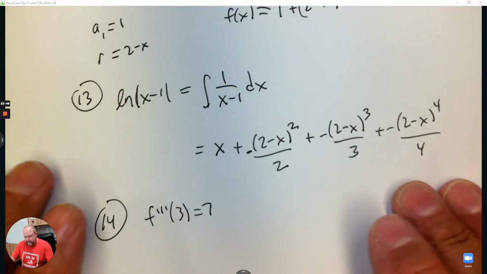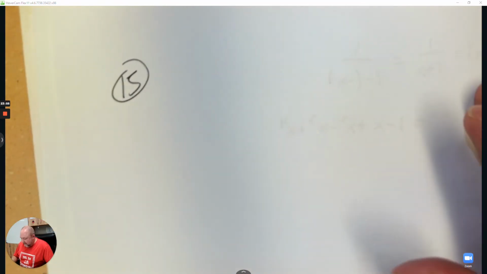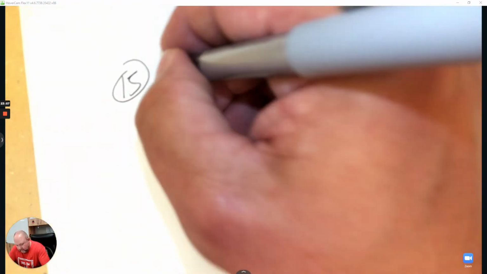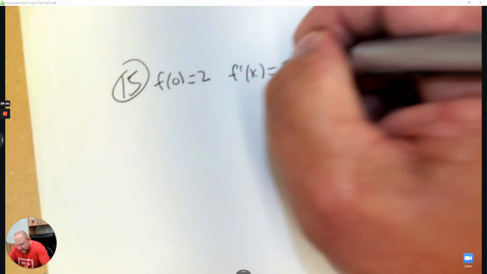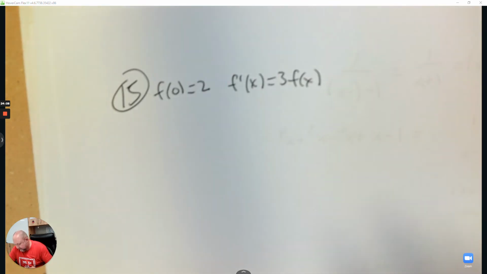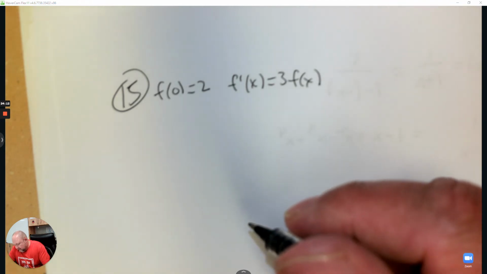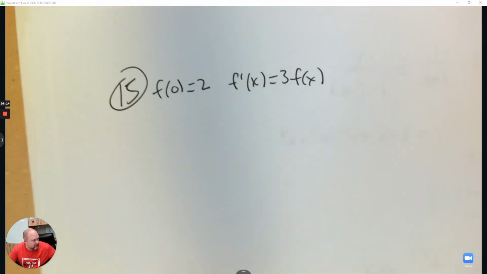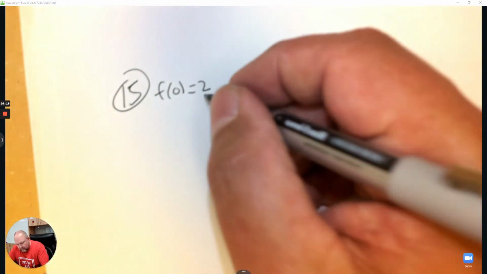Number 50. Let f at x be a function. So f at 0 equals 2. The derivative at x is 3 times f at x. And the nth derivative is that. Give the first 4 terms. So we have that.